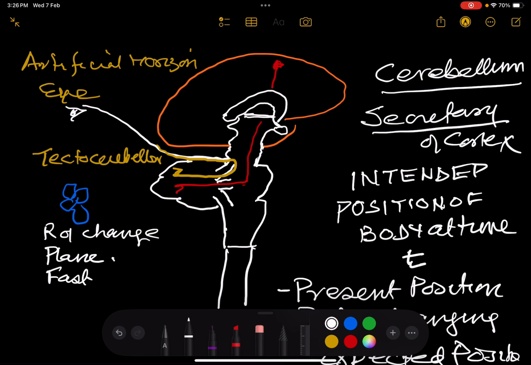So these semicircular canals convey this information through the vestibular nucleus, and therefore these fibers will be now called as vestibulocerebellar.